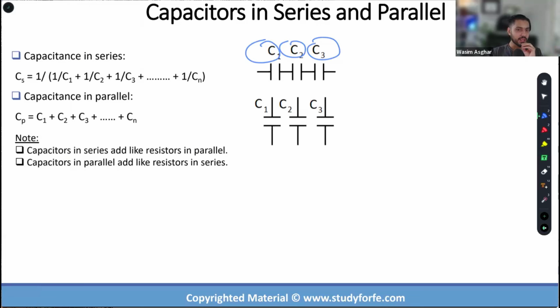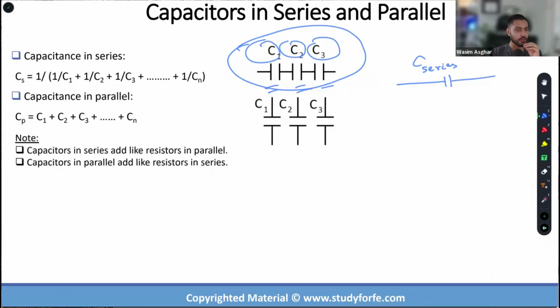Why? Because the effective capacitance, if I want to replace all of these three capacitors with just C series, I need to find a value for this. The unit of capacitor is farads.